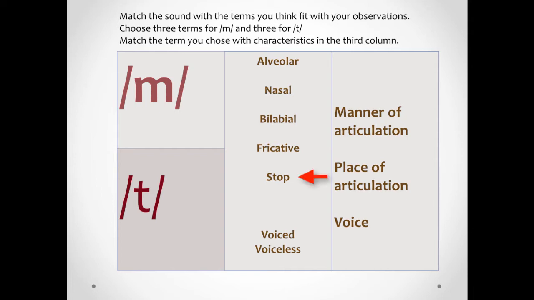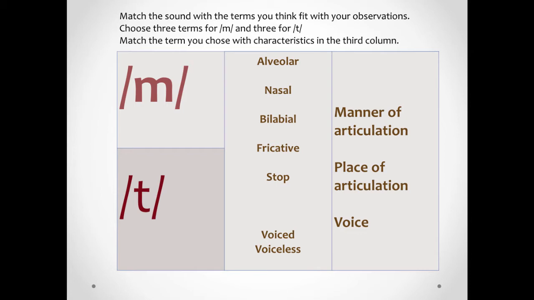It's also a stop. Do you remember closing your nostrils when pronouncing the t sound? You could pronounce it without any problem. That means that it's not nasal. It is a stop. Why do we call it a stop? Because the air kind of stops at the alveolar ridge.